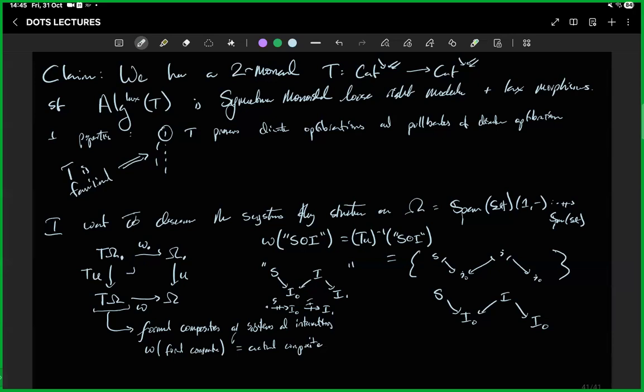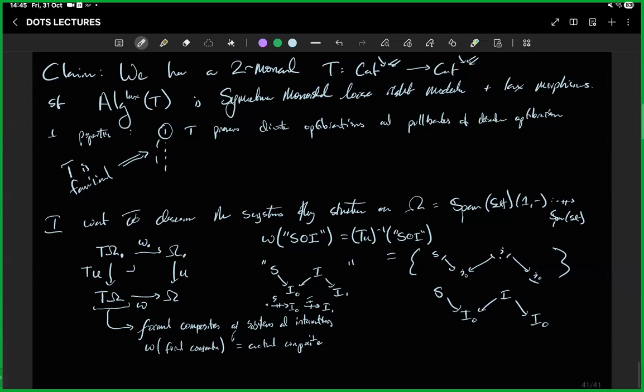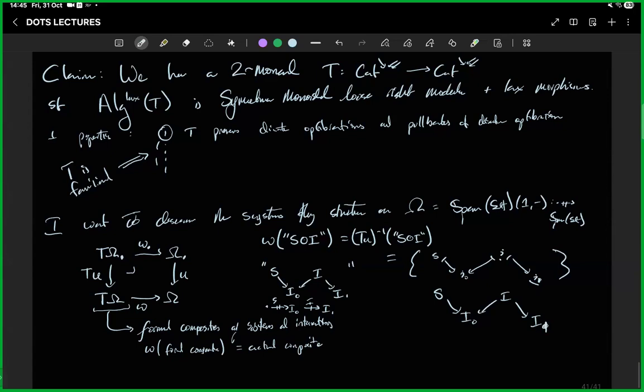Well, note that I naught is determined bijectively by I. And I1 would be determined bijectively by I naught if it weren't constrained otherwise by S. So this is in bijection with the set of pairs S comma I, S in S, I in I, such that, if I call this E and I call this L or something, ES is equal to LI.